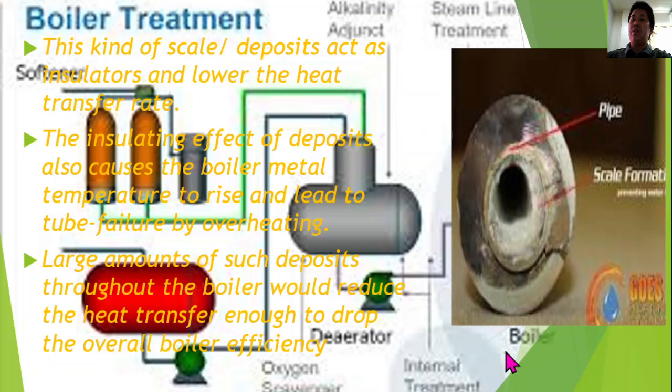But now in this condition, this is fuel inefficient because of the scale formation inside of your boiler tube.